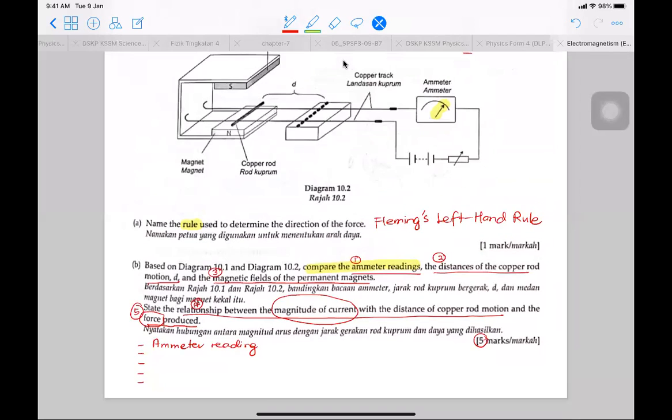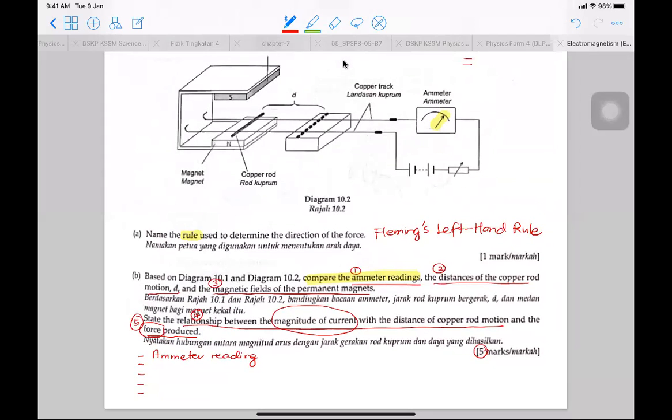Okay, so we write there: emitter reading in diagram 10.1 is less than in diagram 10.2. Okay. That is only one mark.